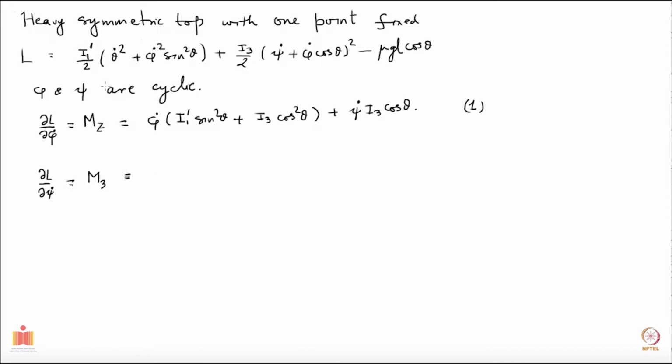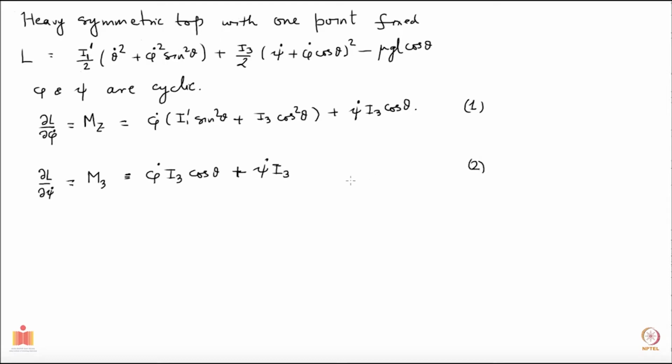Let's take a derivative with respect to psi dot. These two do not contribute, only this term contributes. Of course there are two terms, one from psi dot square and another from the cross term, and you get phi dot I3 cos of theta plus psi dot I3. Let's call it equation number 2.